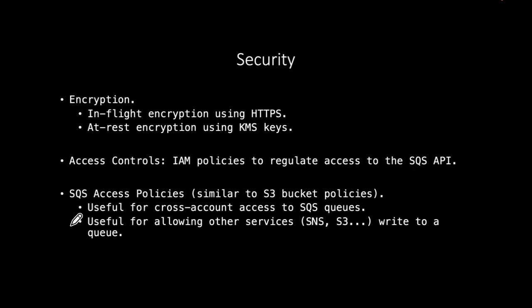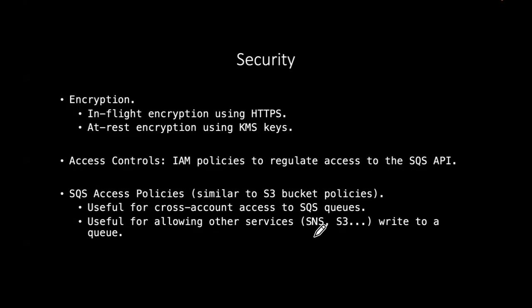Also, if you want some other service to be able to write to a queue, it's not just Lambdas that can write messages to a queue. Other services can as well, but those other services need to have the privileges to do that. And so those privileges would be defined in an SQS access policy.